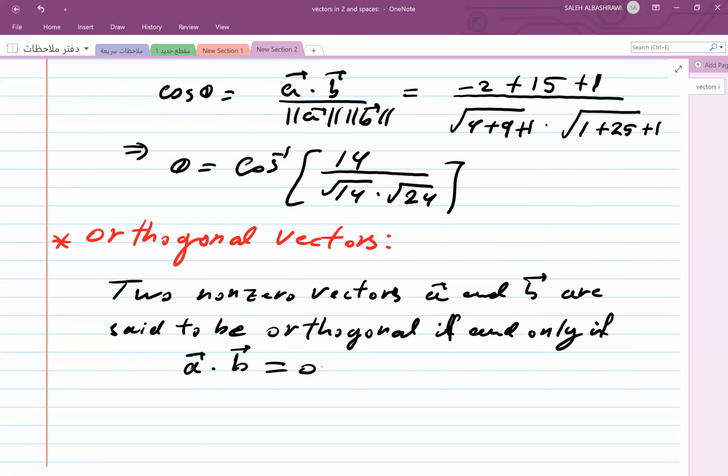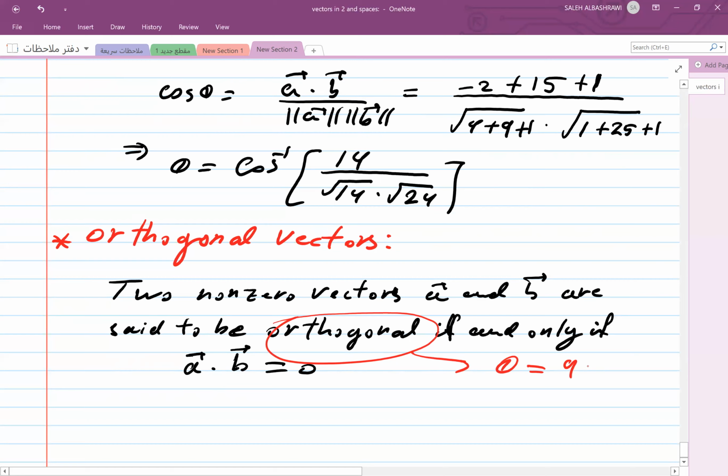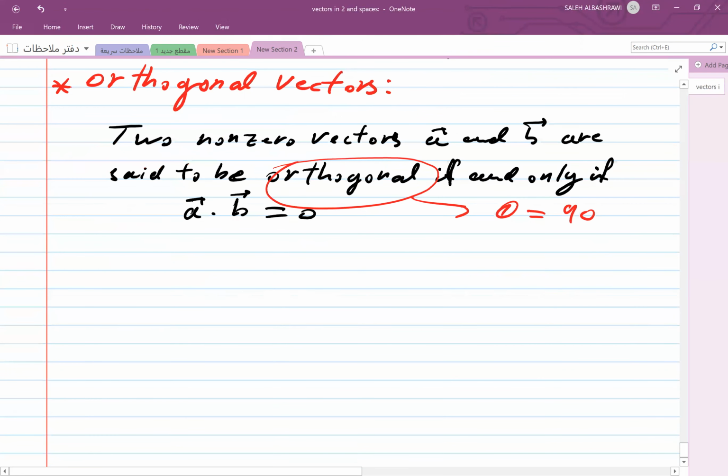Orthogonal means perpendicular. This word, orthogonal, means theta equal to 90. So two vectors are perpendicular if A dot B equal to 0.